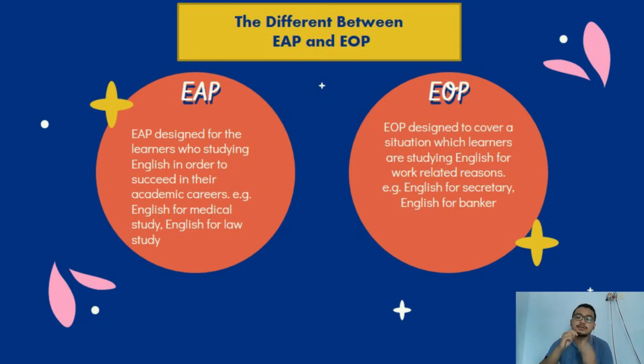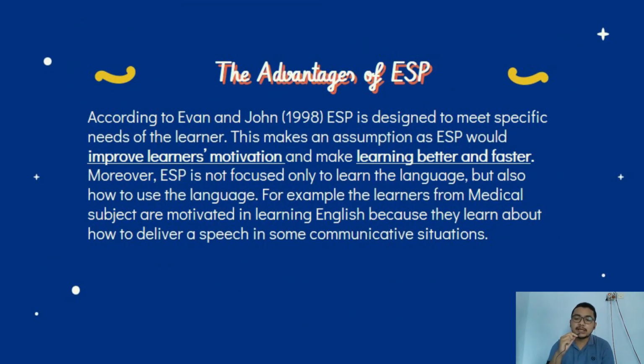Move to the advantages of English for specific purpose. According to Evans and John 1998, English for specific purpose is designed to meet the specific needs of the learner. This makes an assumption that ESP will improve learners' motivation and make learning better and faster. Moreover, ESP is not focused only on learning the language but also on how to use the language.